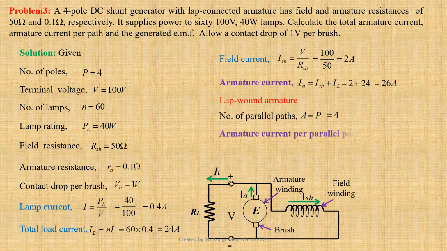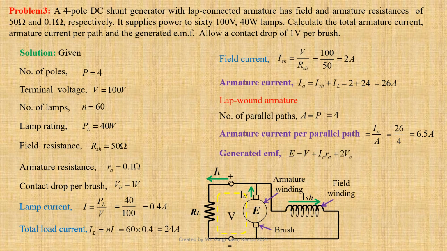Armature current per parallel path equals to IA divided by A, that is equal to 26 divided by 4, that gives us 6.5 ampere.